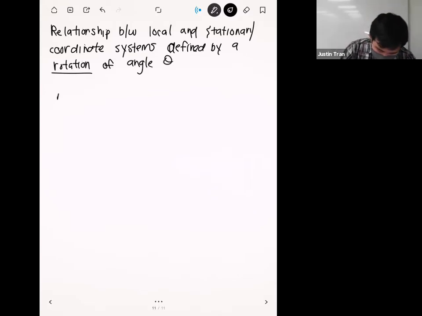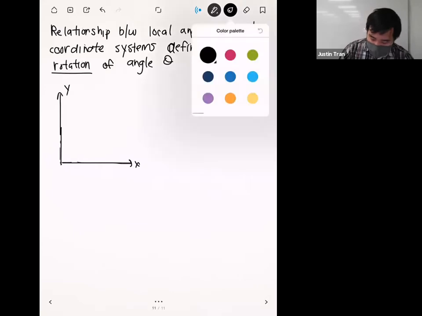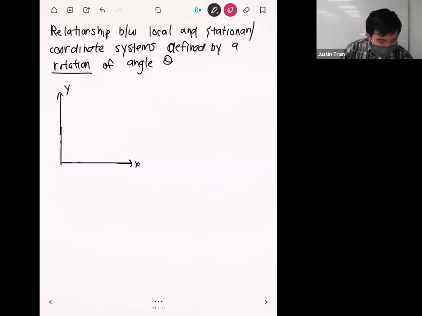All right. And so let's say that we have stationary coordinates, classical X and Y, just like that, okay? And so the local coordinates, so let's say that we have an element that's oriented with an angle theta, you know, it might look something like this.